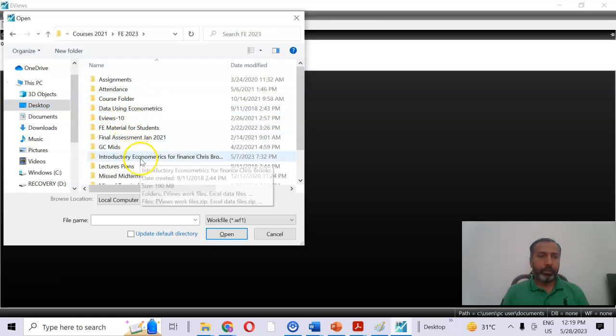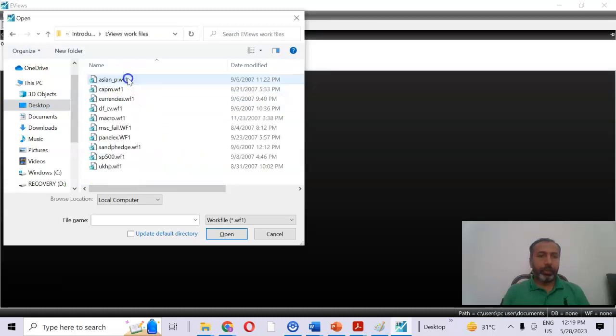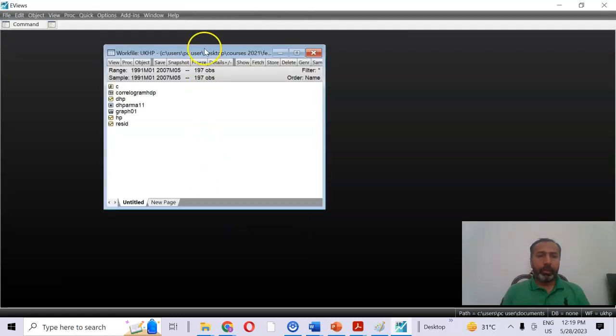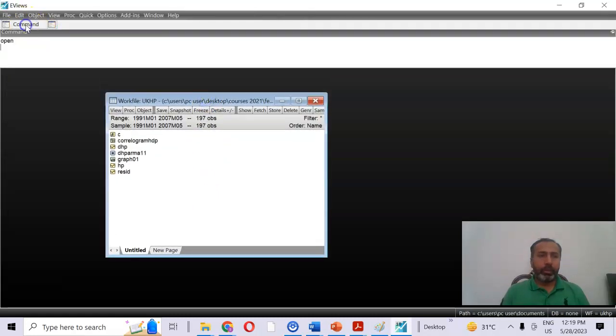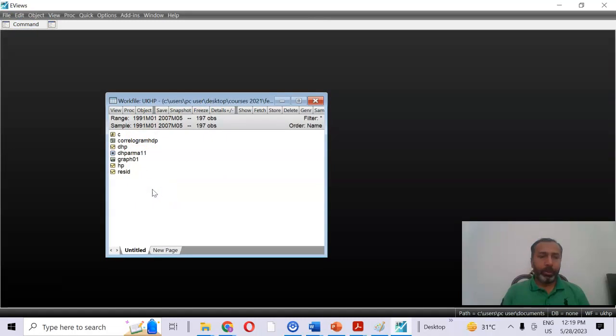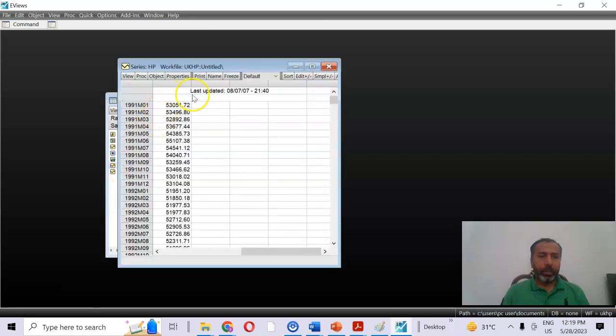Here I have an Introductory Econometrics for Finance work file, and here the UK housing price file, UK HP. If I open it, now I shall open this variable, housing price HP. Now I want to run the augmented Dickey-Fuller test on this variable.